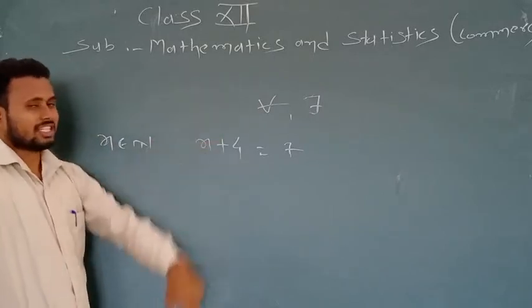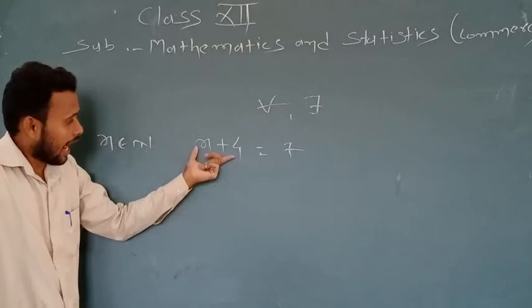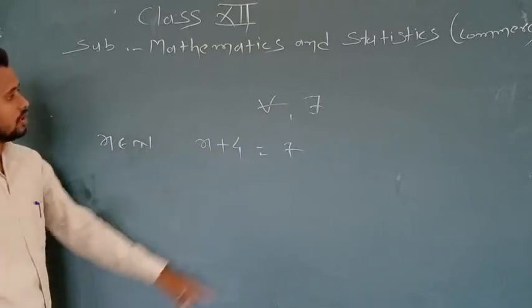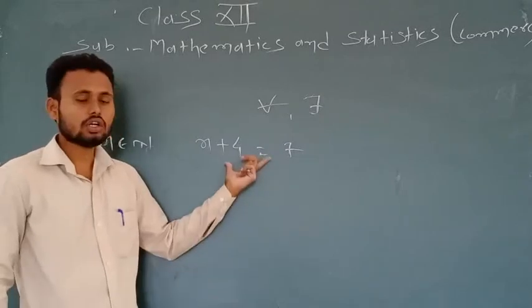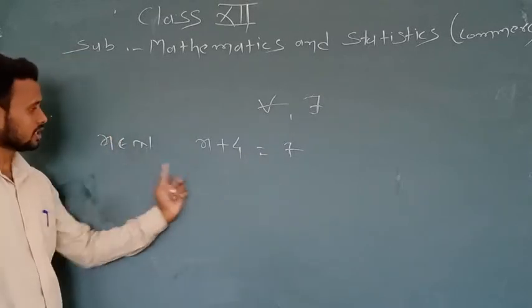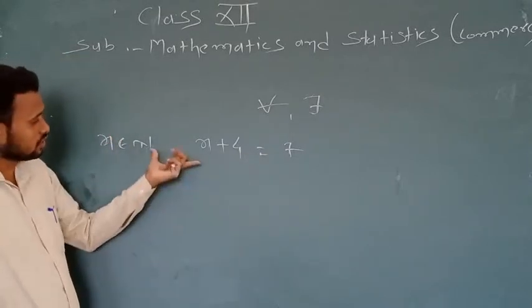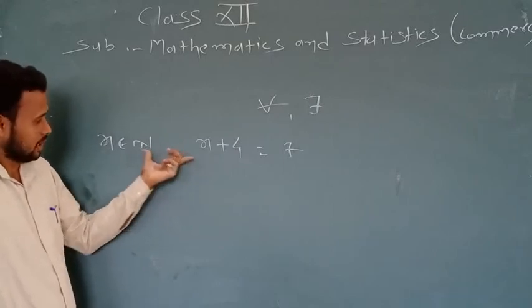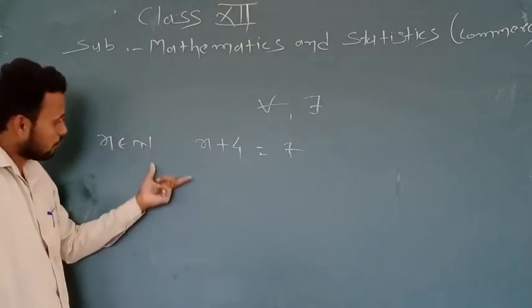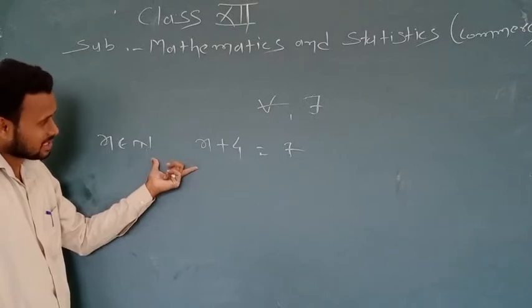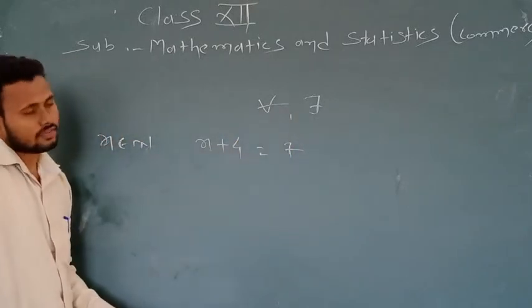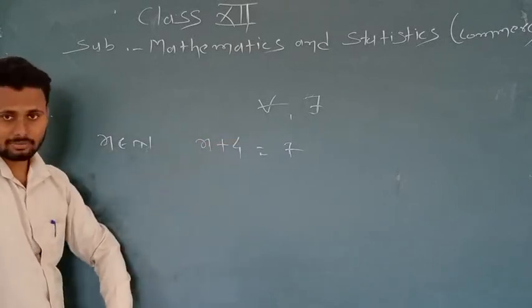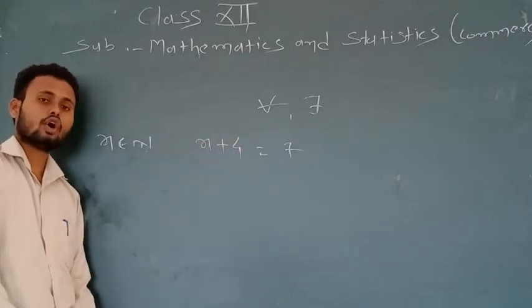But the definition of quantified statement: an open sentence with quantifiers becomes a statement, and then that statement is called a quantified statement. Now if we use any one of these two quantifiers in that sentence, then it becomes a statement, and that statement we will call a quantified statement.